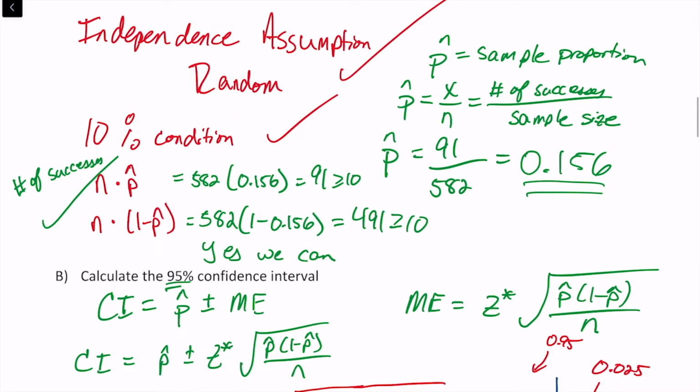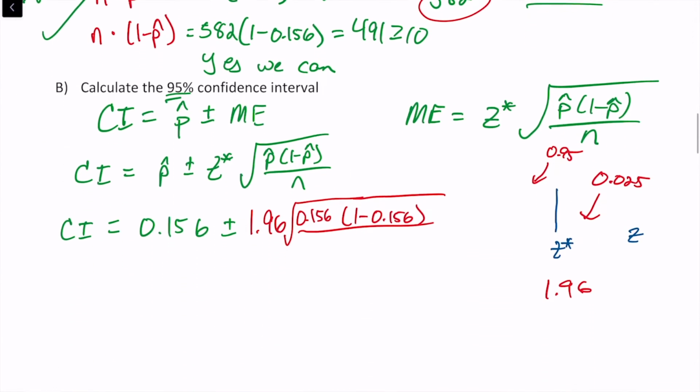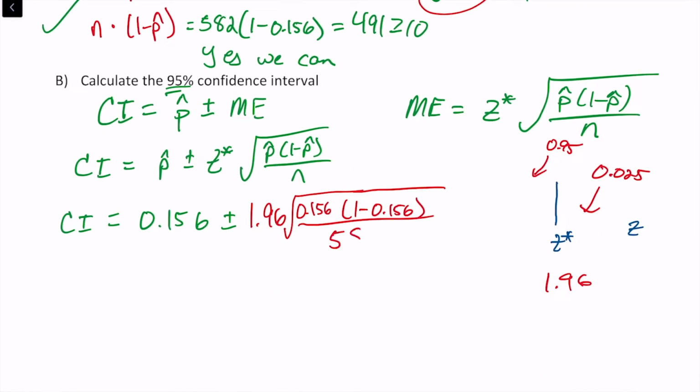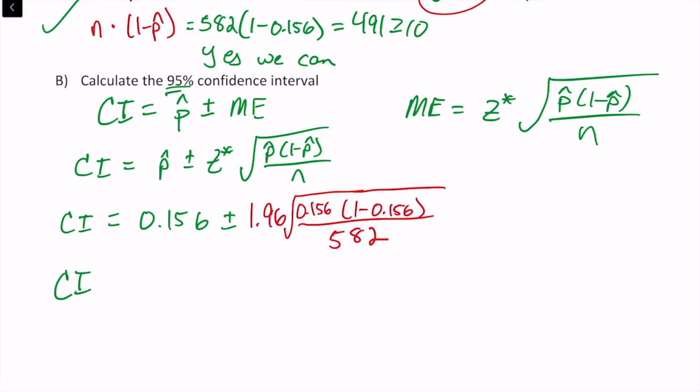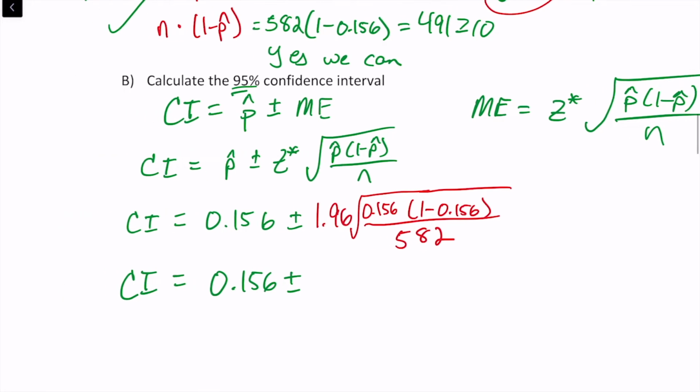Remember, n is 582. Okay. So now, doing that will give us an answer here. So our confidence interval equals 0.156 plus or minus, let's go to our calculator to calculate our margin of error.